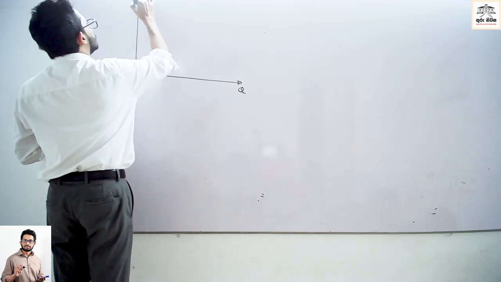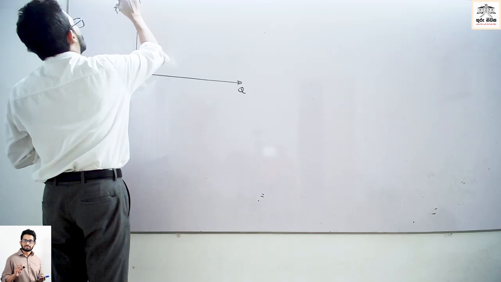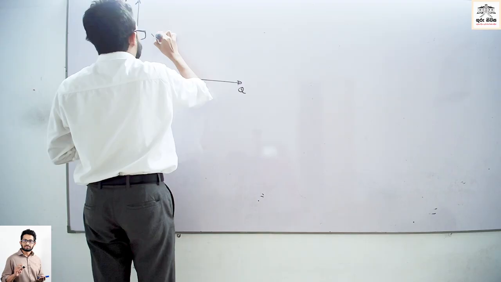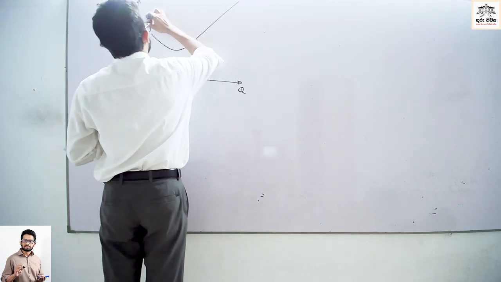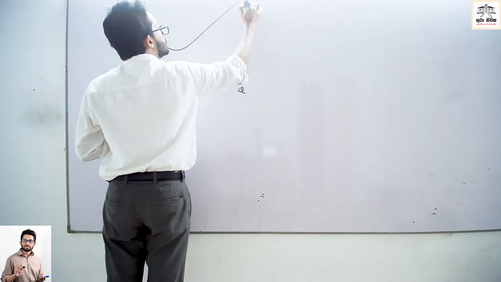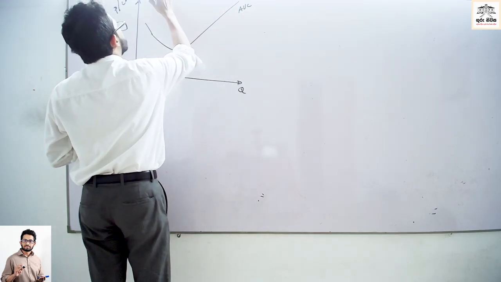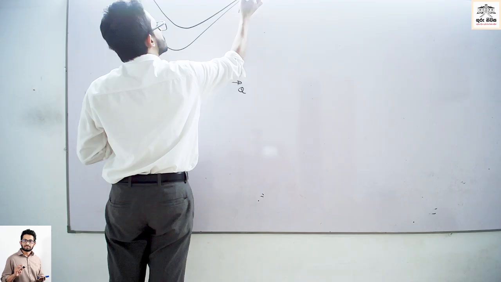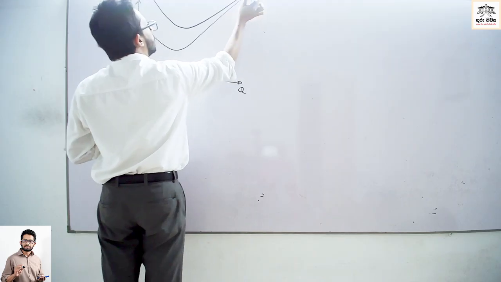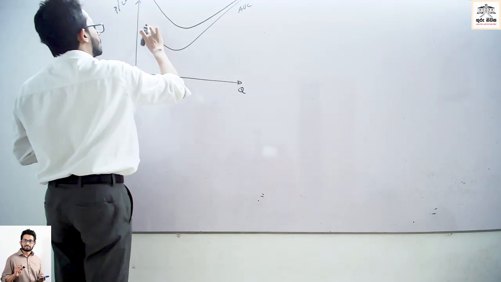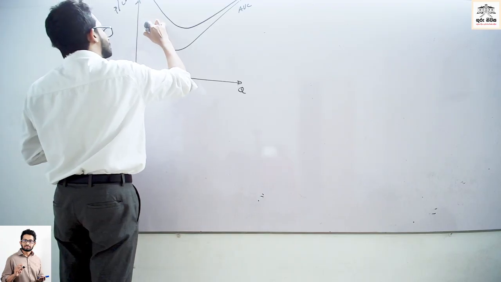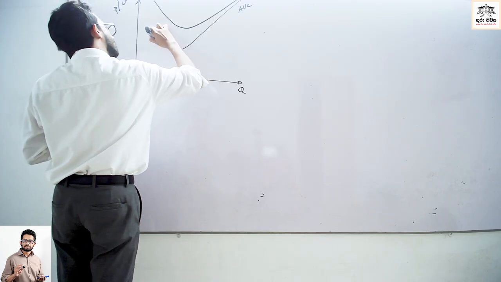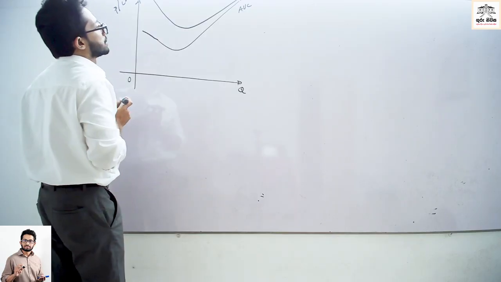Quantity on the x-axis, price and cost on the y-axis. This is the average variable cost. This is the average total cost.